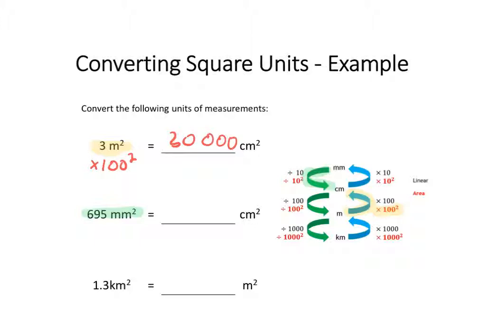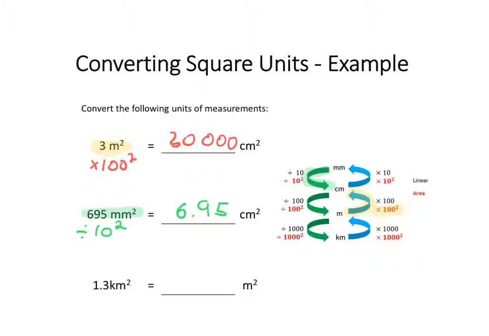So what we want to do is go 695 divided by 10 squared, and that gets us 6.95 centimeters squared. This time, you will note that our answer is a lot smaller than the original amount of 695 millimeters squared, and that's because our unit of measurement is getting bigger. When the unit of measurement gets bigger, we would expect our answer to get smaller.